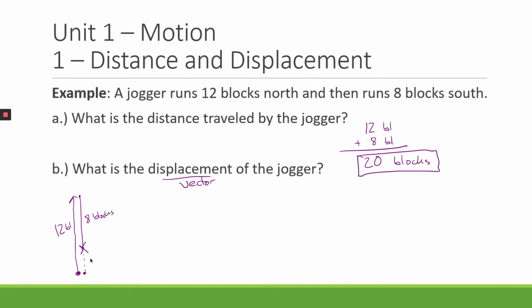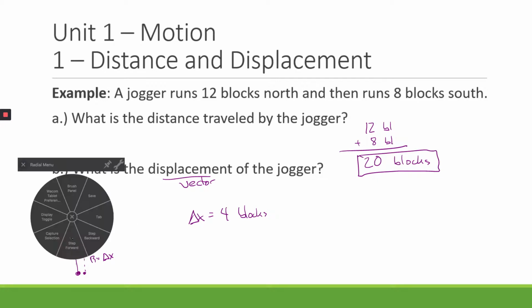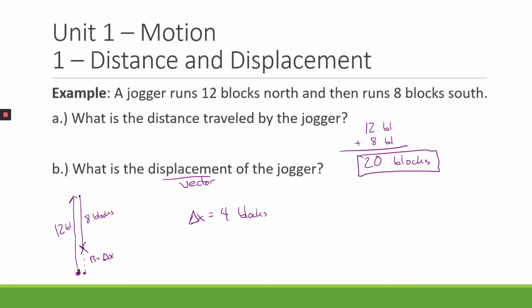So this would be your resultant vector, which is your displacement. Call it delta x. So what is our delta x there? Our delta x, our displacement, is going to be 4 blocks. Now we have to put a direction here. The 12 was going north and the 8 was going south, so we're going up the same direction as the 12 blocks, so this is going to be 4 blocks north.